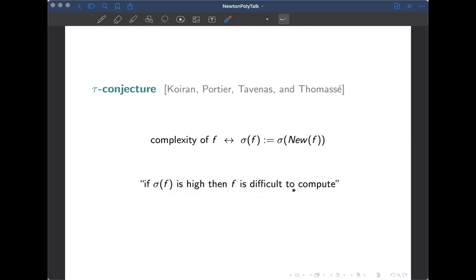I will not formally state the conjecture, but I will talk about related ideas. So this shadow complexity, following this suggestion, is a mechanism for proving lower bounds. This is the high-level idea.